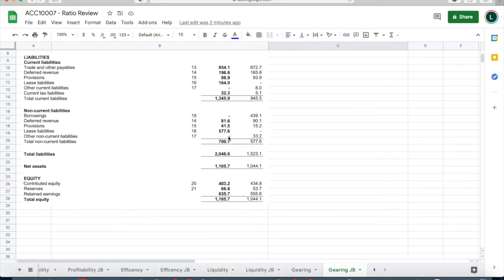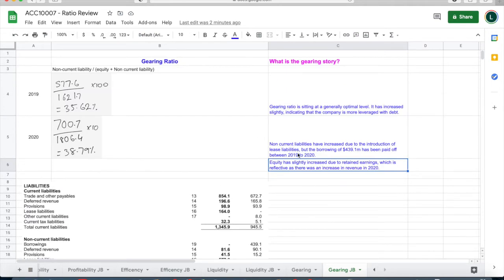So we're not getting a drastic increase because those lease liabilities are 577 million, because you see up here those borrowings have been paid off. So that's kind of offsetting it a little bit. Equity has slightly increased due to retained earnings, which is reflective as there is an increase in revenue in 2020. So there we go, that is gearing done.